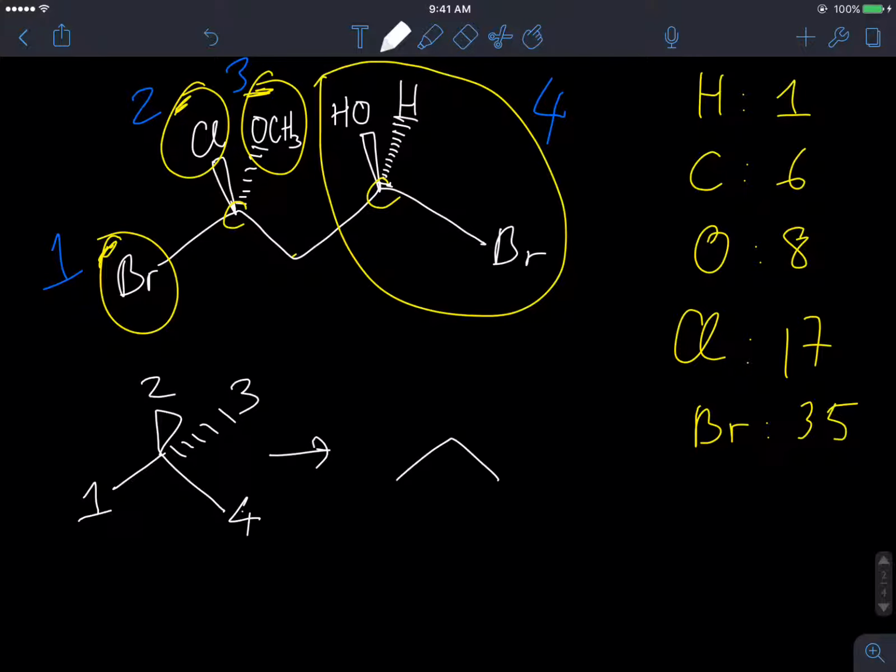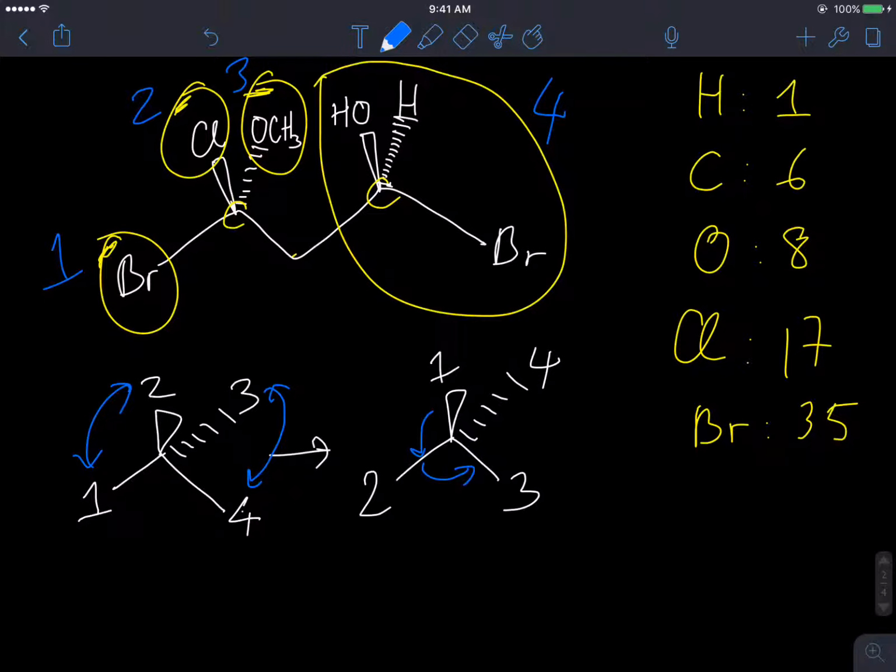Now we do it like this. 3 with 4, right? So 4 right here, 3 right here, 2 right here, 1 right here. I'm going to draw an arrow right here: 3 with 4 and 1 with 2. So now we have 1, 2, 3, come back to 1. So it's the S configuration because it's counterclockwise.